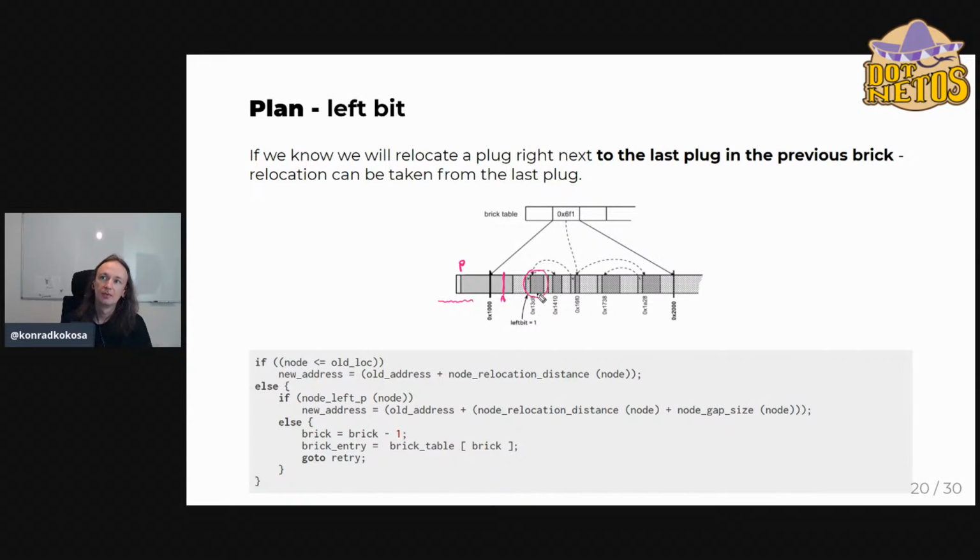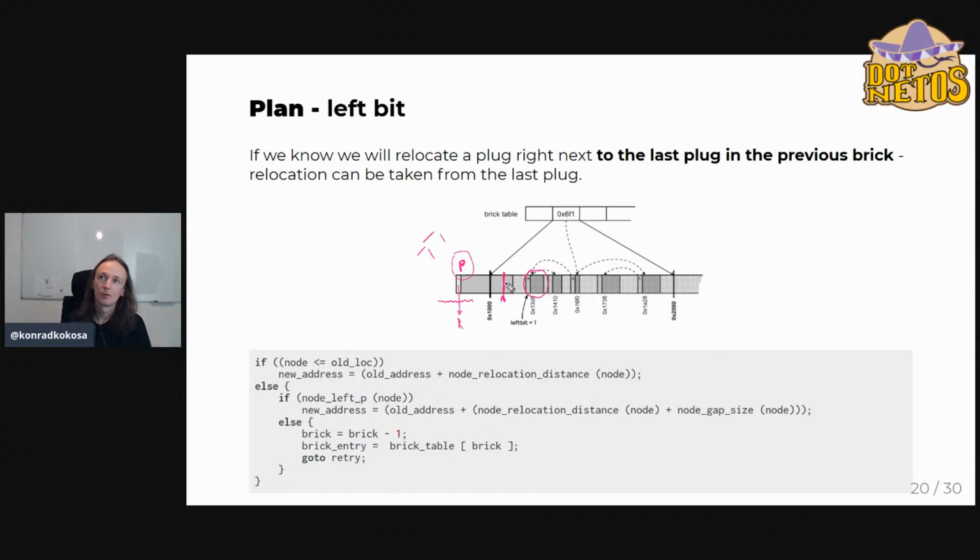And that's sad. This is an edge case, because now we have traversed the whole plug tree inside this brick just to find out that it is not the brick that we are interested in, and we should now fall back to the previous brick and again traverse the whole plug tree to find this plug, and from there take another reallocation offset for this address.